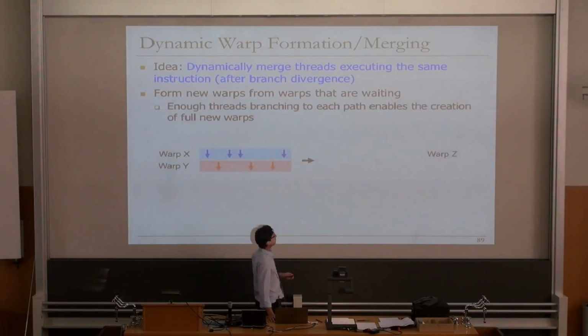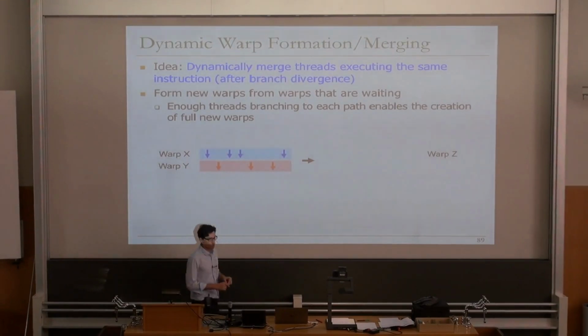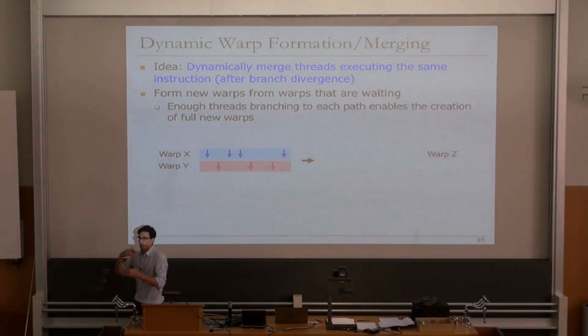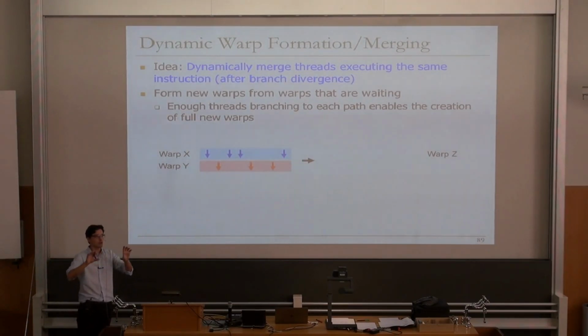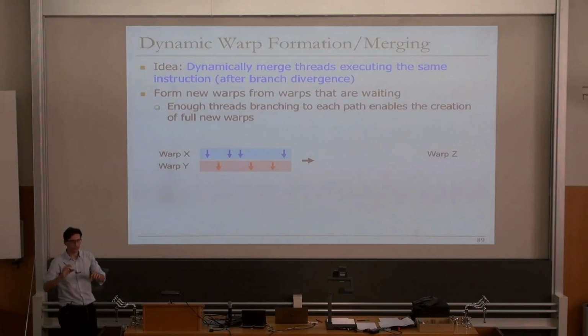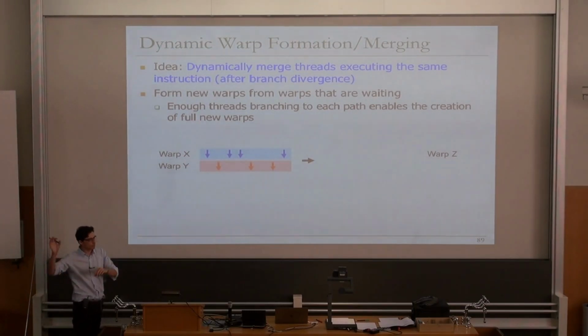The idea would be something like this, because recall, in GPUs, we have different warps working at the same time on the same instruction. So we execute path A for warp 0, and then we will execute probably path A for warp 1, and then path B for warp 0, and then path B for warp 1.